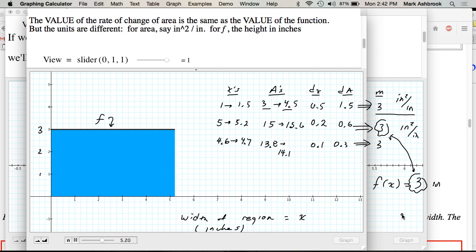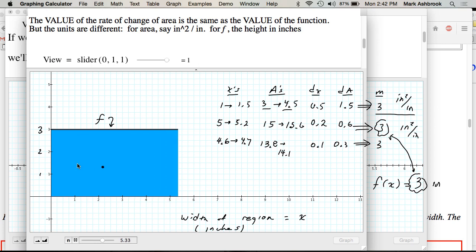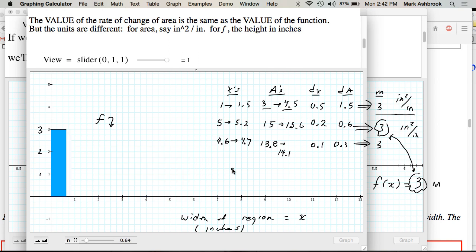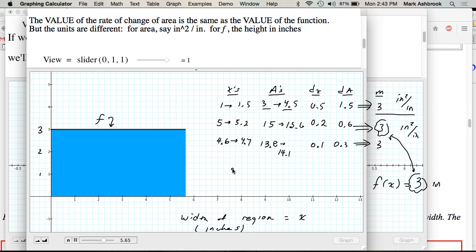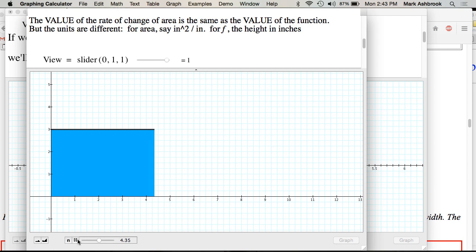But in terms of now, if we want to find that area, the value of that constant function 3 is the rate of change of that area being swept out. Okay, so we can note that the values are the same, but keeping in mind that the units are different. Make sense? Okay, well that's easy because that's a constant function, right? So what about a non-constant function?